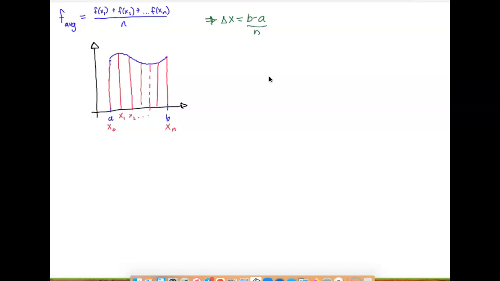So to find the width of any given subinterval, delta x, I take the width of the whole interval, b minus a, and I divide by n, the number of subintervals that I'm using. Well, I can use that to solve for n. If I multiply both sides by n and divide by delta x, that tells me that n equals b minus a over delta x, right?